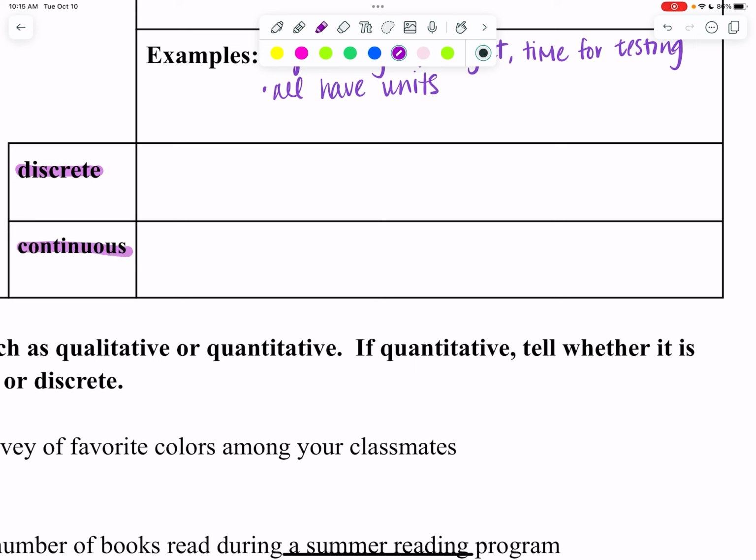Now, discrete data is not numbers that can keep a secret. Discrete data is data that involves the counting numbers or the whole numbers.